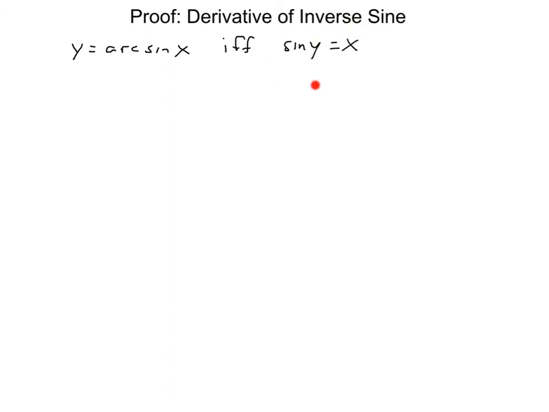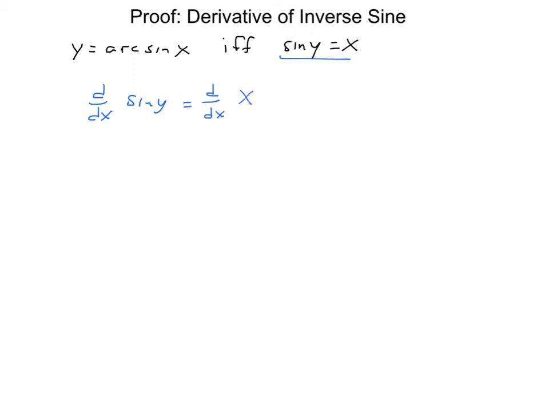Because at this point, I am able to use implicit differentiation. So I'm going to use this part right there, and take the derivative with respect to x of the sine of y, and that's going to be equal to the derivative with respect to x of x.